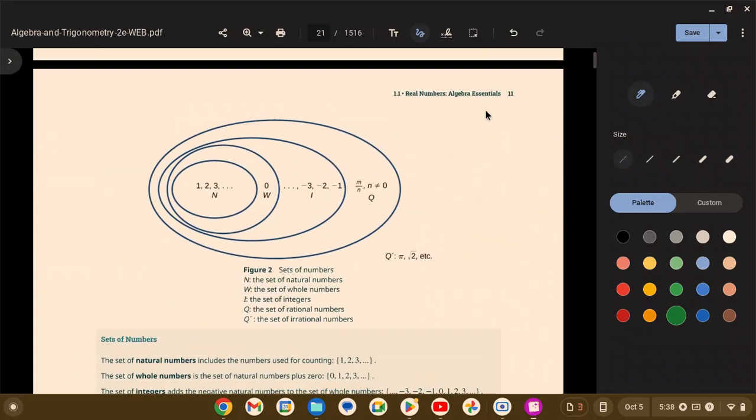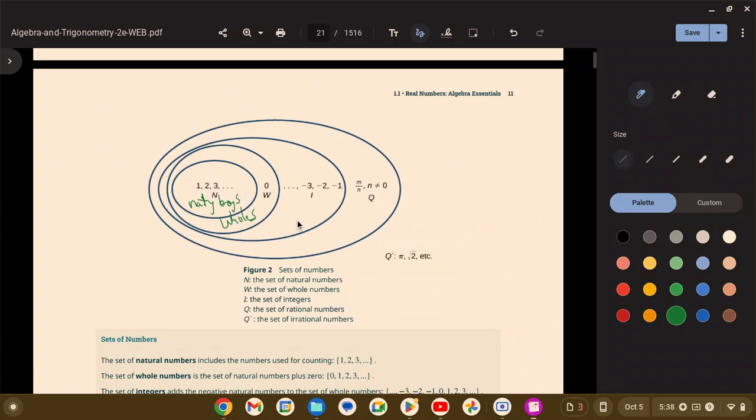There's figure 2. So in figure 2, we have the natty boys. That's me. I'm Nathan. We've got the wholes. So by just putting that one little dude there, you make that whole thing whole.